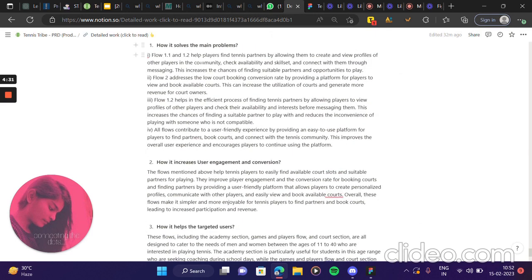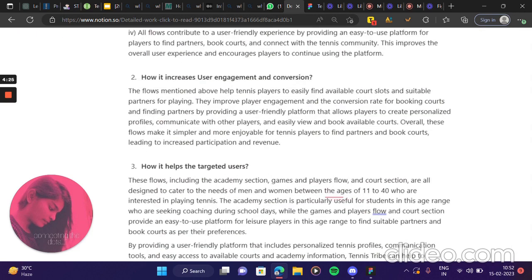Like that, I came up with multiple solutions that can solve the main problem, and how it increases user engagement and conversion. The flows mentioned above help players find courts and suitable partners easily. They improve player engagement and the conversion rate for booking courts and finding partners by providing a user-friendly platform.